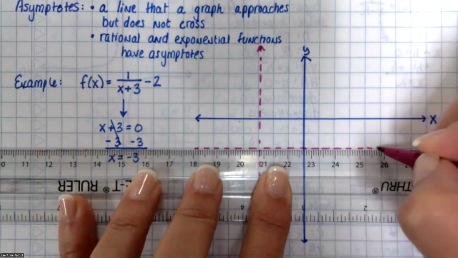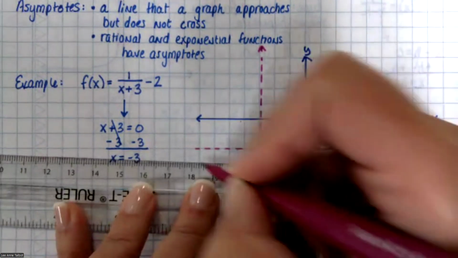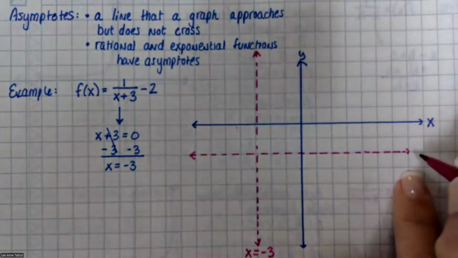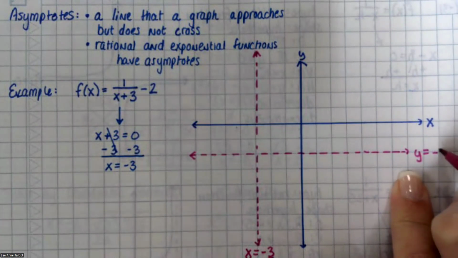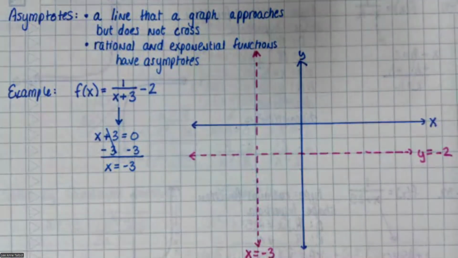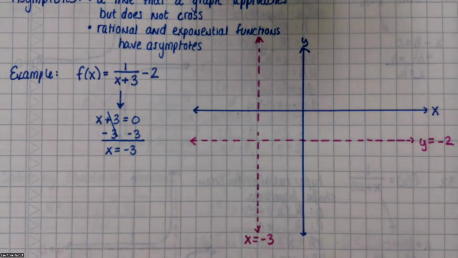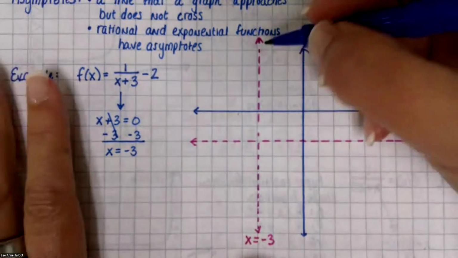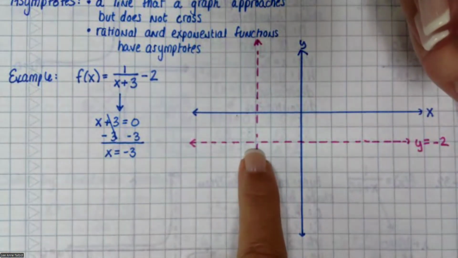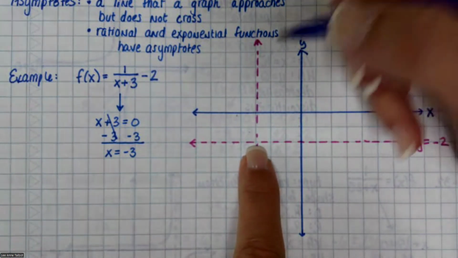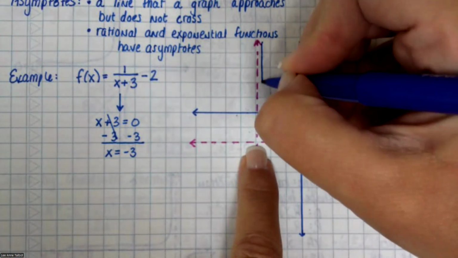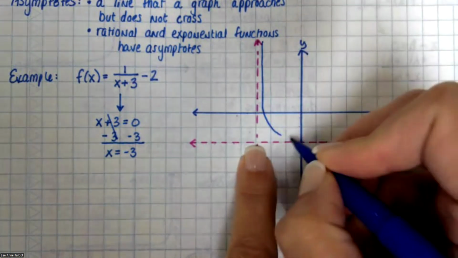We call it K. It's like plus or minus K, shift up or shift down. Now go to where the asymptotes cross and sketch in your curve.